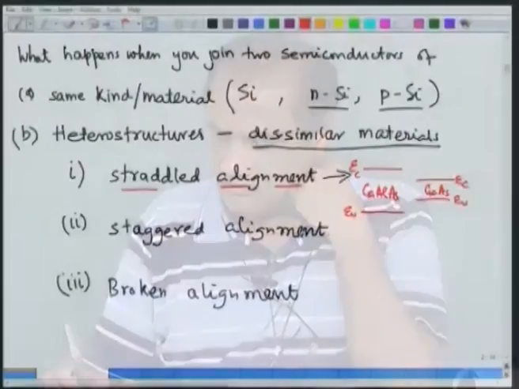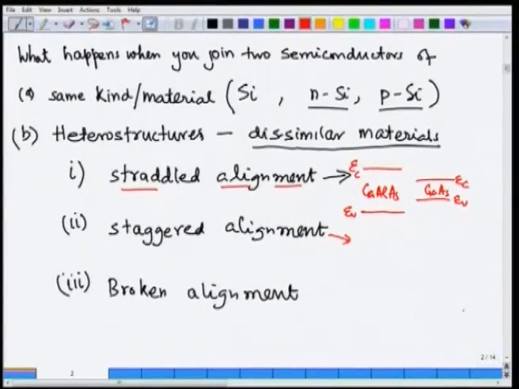In contrast, you could have this staggered alignment, in which case if one material's band gap is like this, EC, EV, then the other one has an EC and EV which looks like this. Notice this is EC and this is EV, maybe I write a little bigger here, EV, this is EC and EV of two materials.